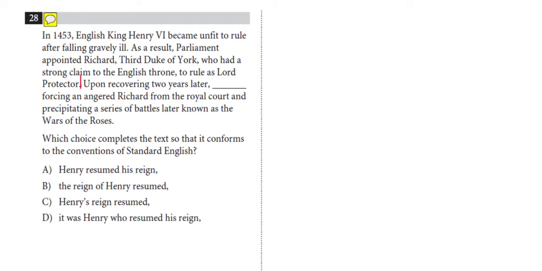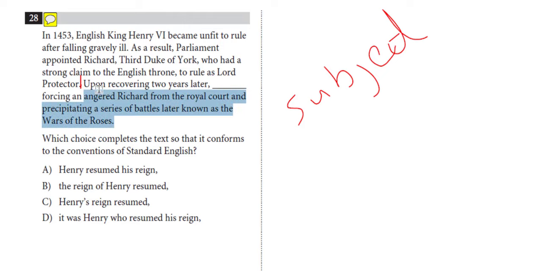So here we have an introductory phrase, and I know from the answer choices that this is a subject modifier question. I'm gonna ask myself who recovered 2 years later. This part must be read carefully. Upon recovering 2 years later, blank, forcing an injured Richard from the royal court and precipitating a series of battles later known as the Wars of the Roses.